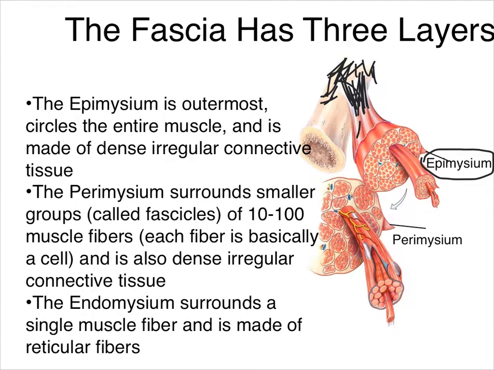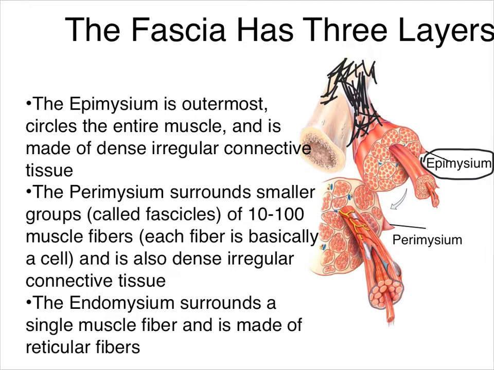All right? So this is dense, irregular connective tissue surrounding the entire muscle, and it's contiguous with the tendon, which is then contiguous with the periosteum. So it's going to bind the whole muscle together and connect it to the bone. That's the epimysium.